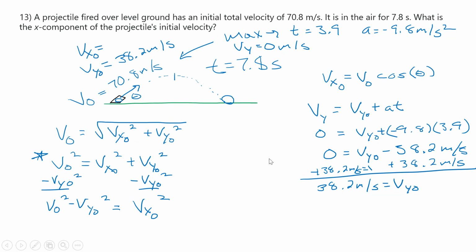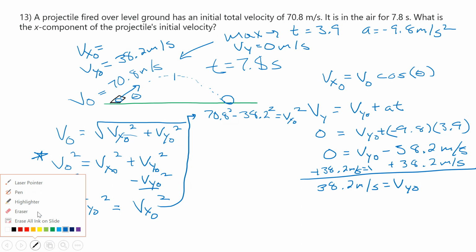All right, so I'm going to plug those numbers in, right? That becomes, and I'll write over here at the top, 70.8 squared minus 38.2 squared is equal to v sub x naught squared.